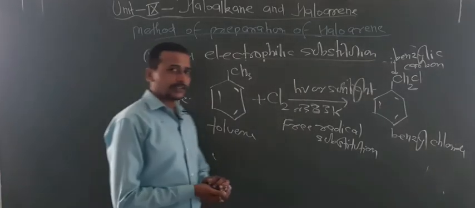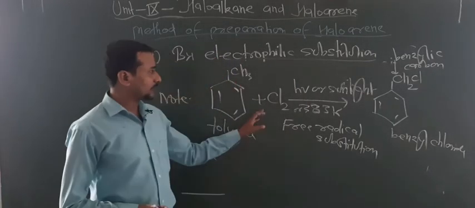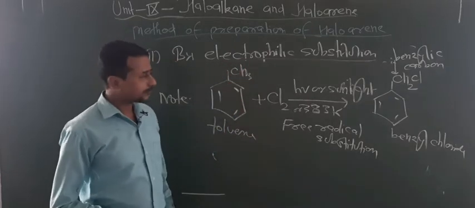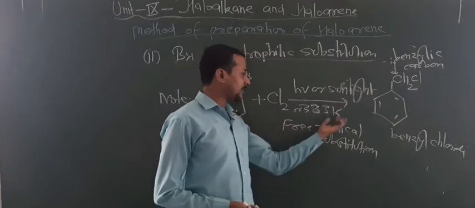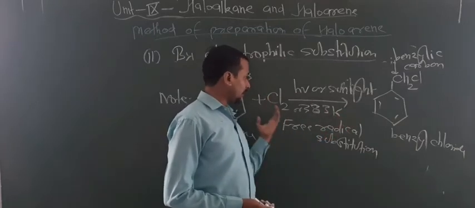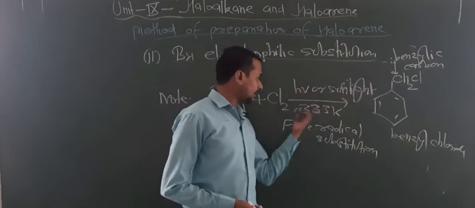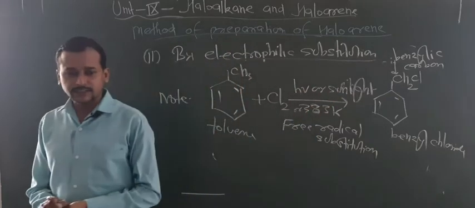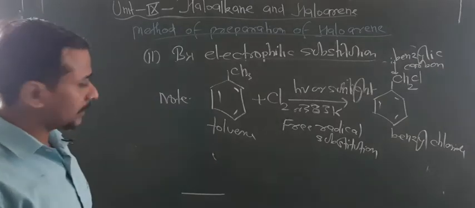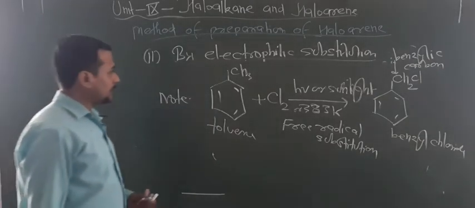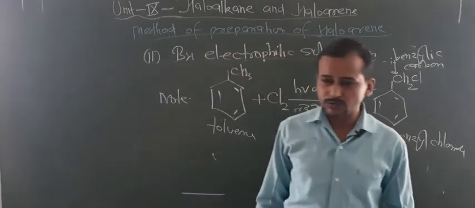If a question arises that you want substitution outside the ring, that is side chain substitution, then you have to do free radical substitution like this. Either hν is written, or sunlight, or temperature. These conditions indicate free radical substitution. So now dear students, this is very important to note down.